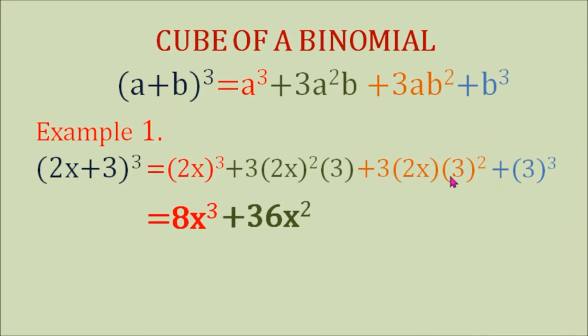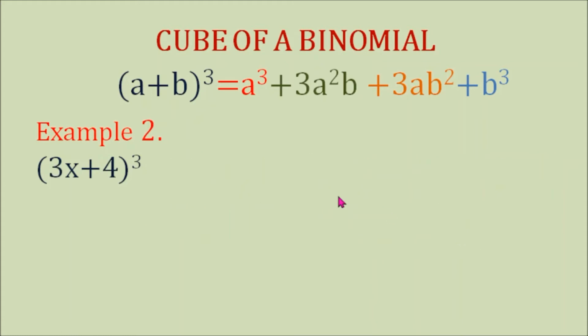Our third term, 3 squared is 9, times 3 is 27, times 2x is 54x. Then for our last term, 3 cubed means 3 times 3 times 3, that gives us 27. So this is our answer, 8x cubed plus 36x squared plus 54x plus 27.